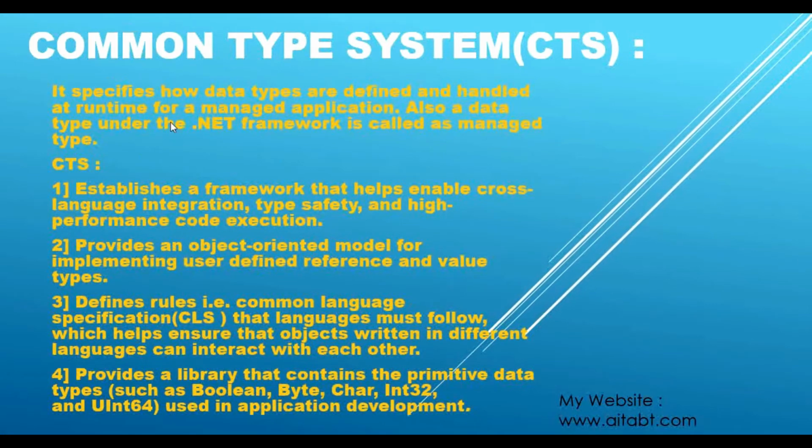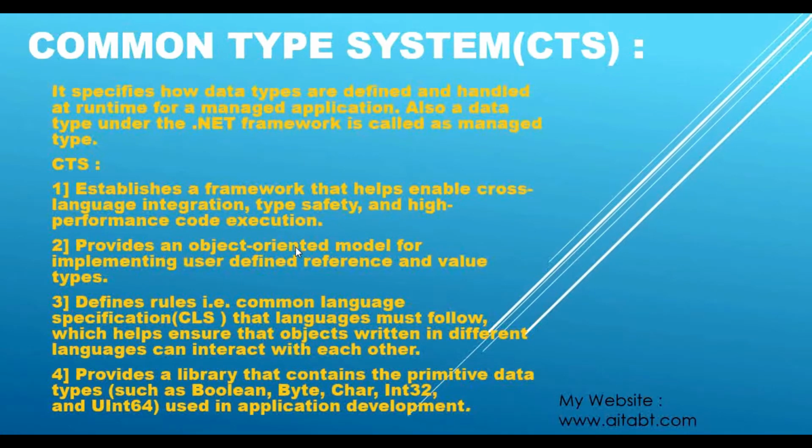What CTS also provides us is that it establishes a framework that helps enable cross-language integration, type safety, and high performance code execution. What does this terminology mean? It helps us enable cross-language integration. I have already told you in my .NET Framework tutorial that there are many languages integrated into .NET Framework, and two or more languages can communicate with each other.